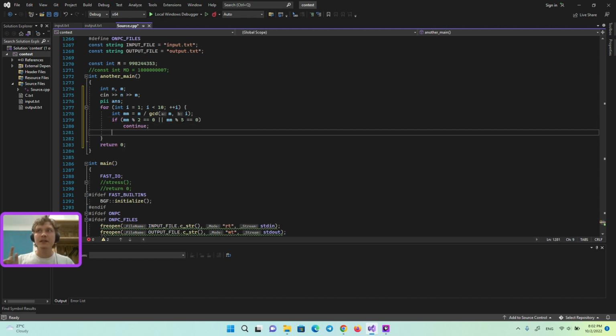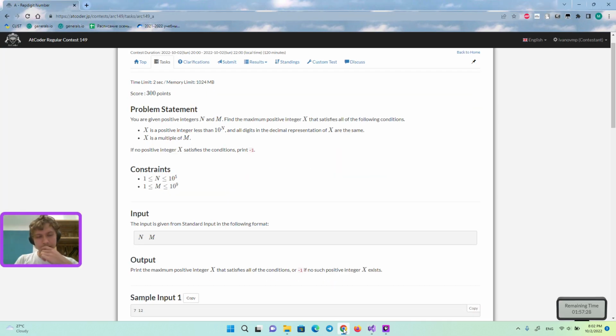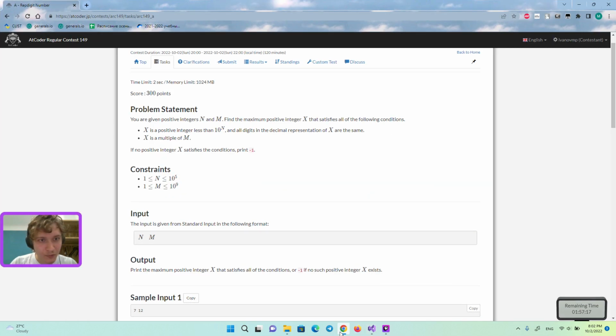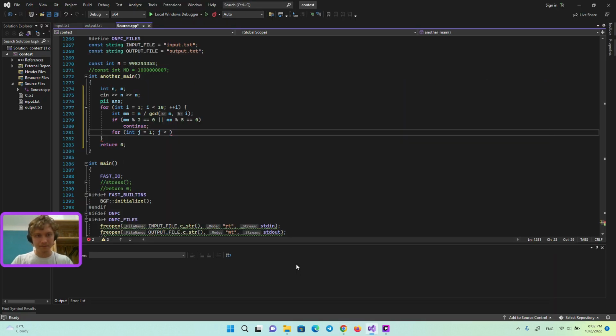After that, we say that we will try all numbers from 1 to n digits.